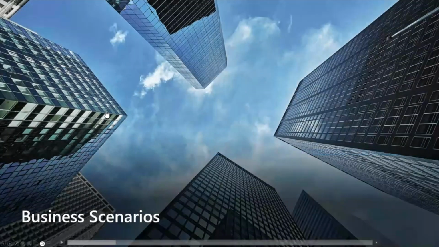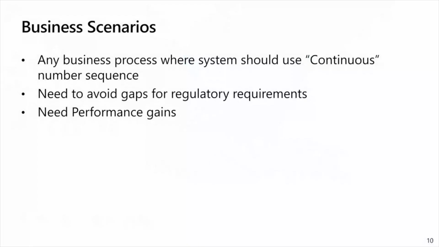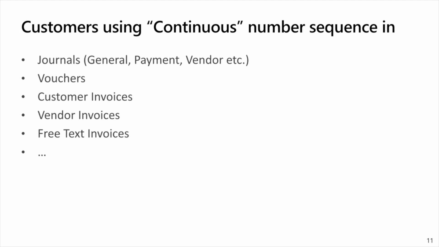Let's also talk about the business scenario. Where can we use this particular feature? We did enhance this feature over the last year. Now it works for every single business process. Any kind of number sequence you mark as continuous, you can use this new feature. If you have a business scenario with compliance requirements or performance requirements, where you are looking to gain performance with continuous number sequence, you can use this feature.